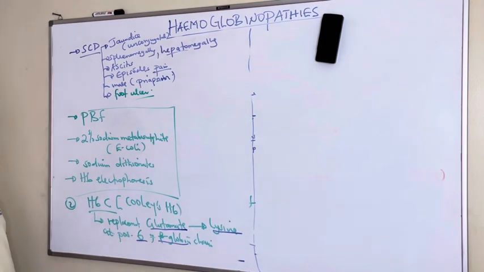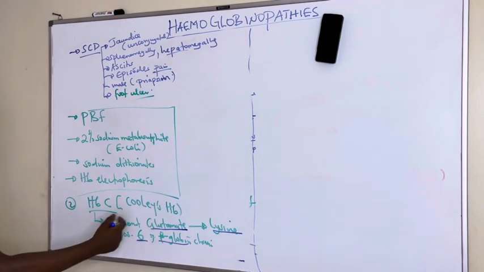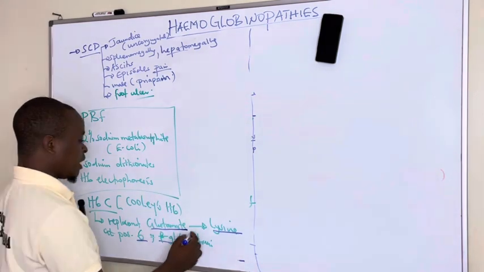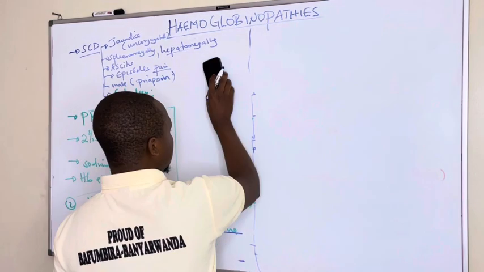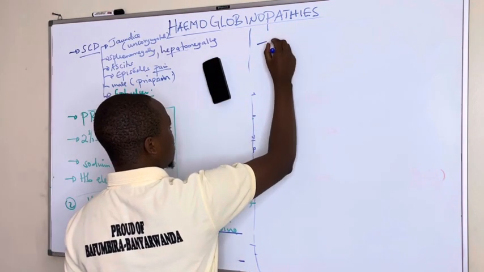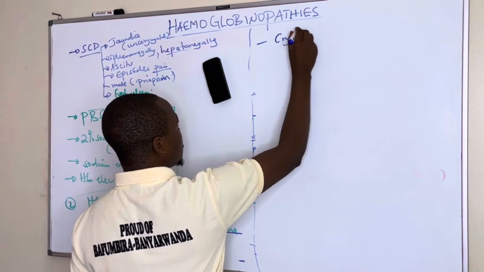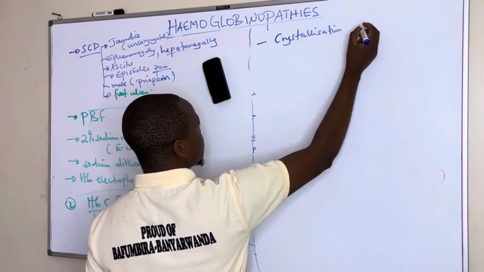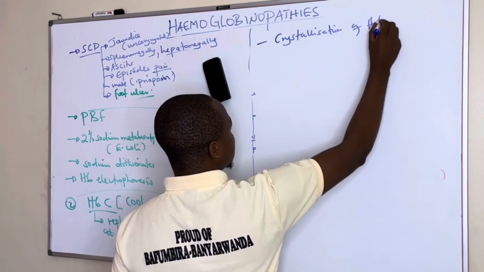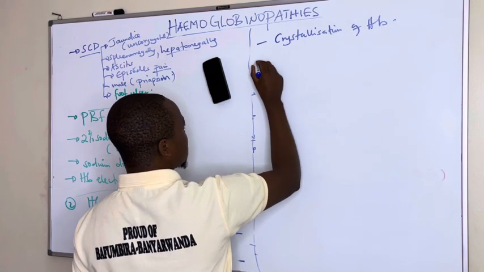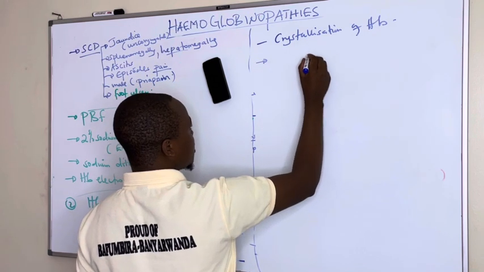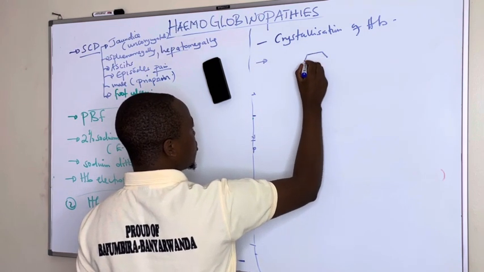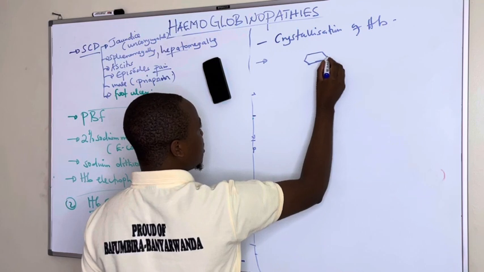So this glutamic acid, which is polar, is being replaced by lysine at position number 6 of the beta globin chain. And when it is replaced, this results in paracrystallization. It causes crystallization of hemoglobin. The hemoglobin forms many crystals, and these crystals are seen in the peripheral film as hexagonal crystals in the hemoglobin.